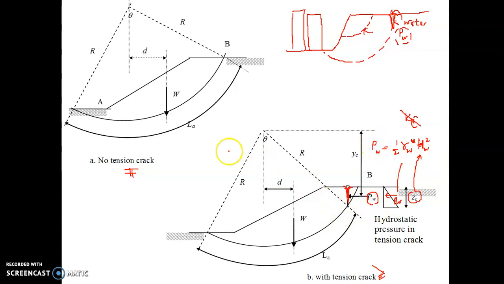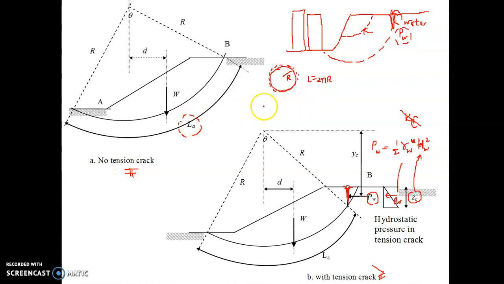The difference between no tension crack and tension crack is the length of the perimeter of the circular arc. If we have a round shape, we have a radius. I hope you still remember how to calculate the perimeter: 2 pi r, something like that.